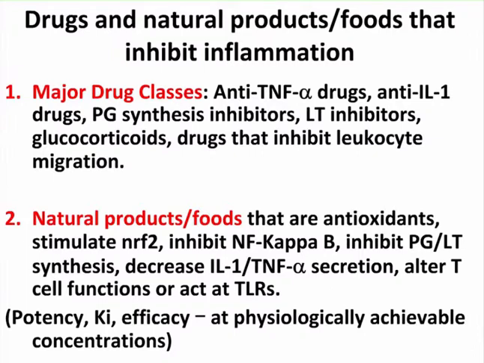In the meantime, we have a lot of new research on natural products, and it turns out that they are acting all over the immune system also. So we have antioxidants, we have phytochemicals that stimulate NRF2, which I'll go into in a little bit. We have extensive data on inhibition of NF-kappa B, which is one of the key inflammatory molecules. It's a transcriptional activator.